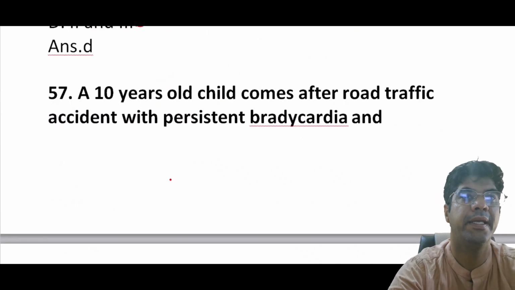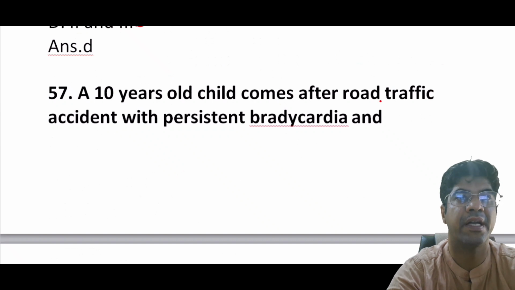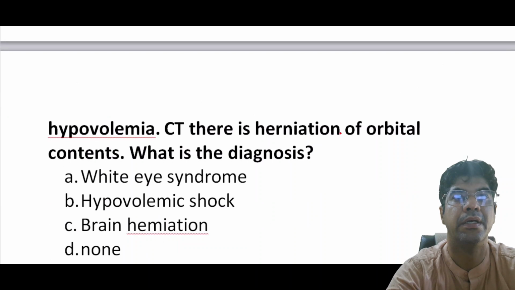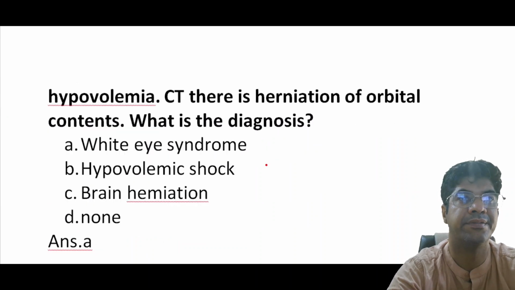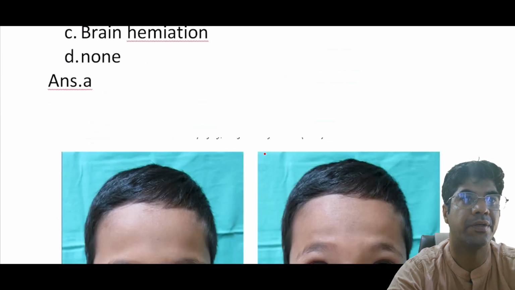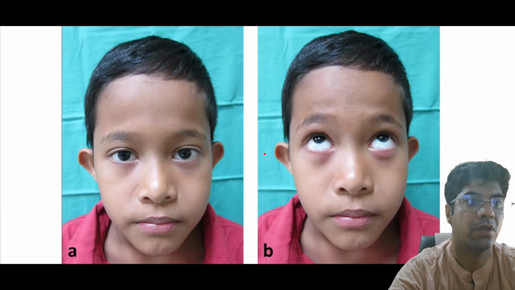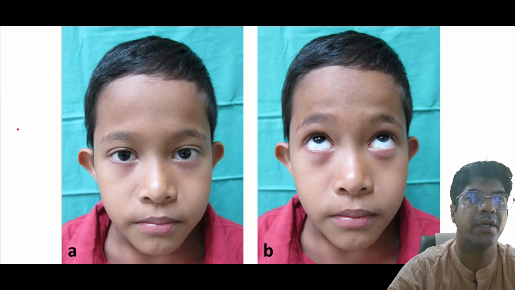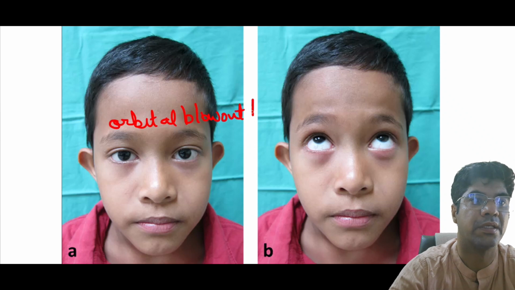Next question. A 10-year-old child comes after a road traffic accident with persistent bradycardia and hypovolemia. There is herniation of orbital content. What is the diagnosis? The answer is white eye syndrome. So white eye syndrome, it is typically seen in children after orbital blowout fracture.